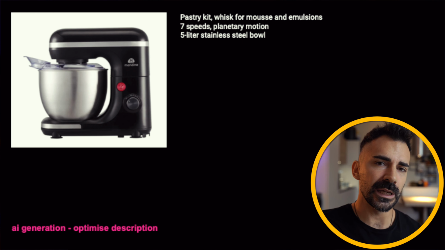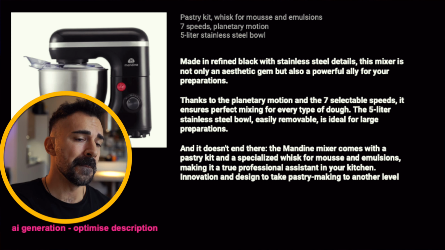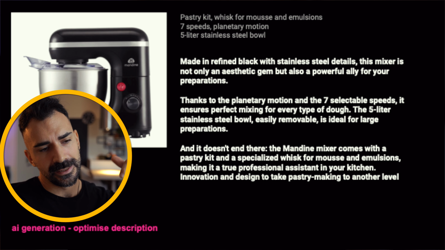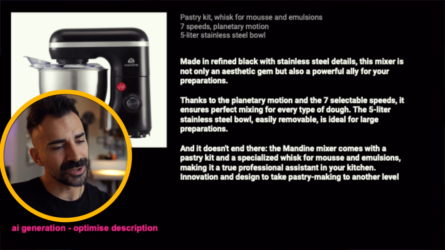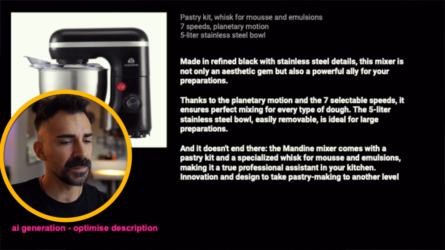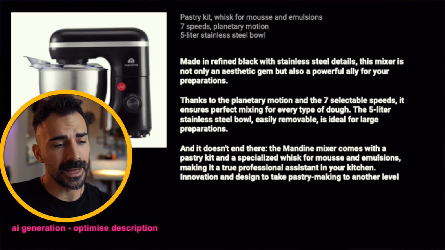And AI, as you can see, can create a better and improved version of your description with more storytelling, and it's a stylish description that includes features, the functional aspects of your product, and it's much more interesting.